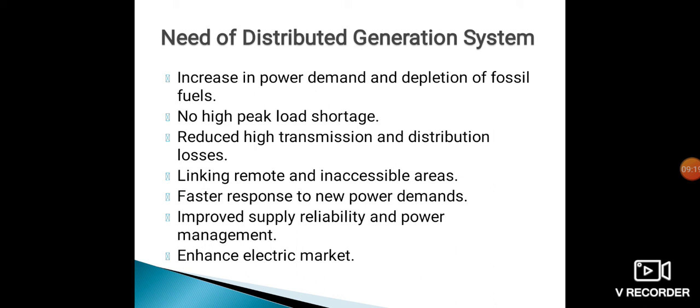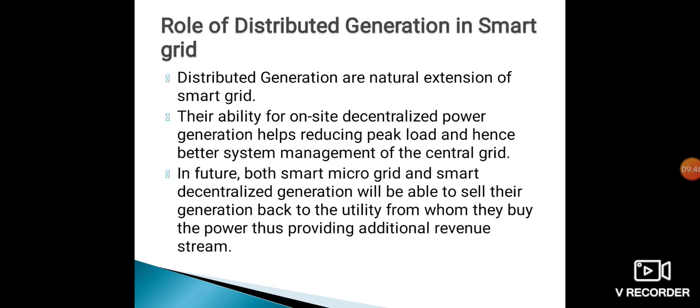So it is very much difficult for the power plant to access that area. So distributed generation system is the better option for the rural areas. So linking the remote and inaccessible areas, faster response to new power demands, improved supply reliability and power management, enhance electric market. So these are the need of the distributed generation system.